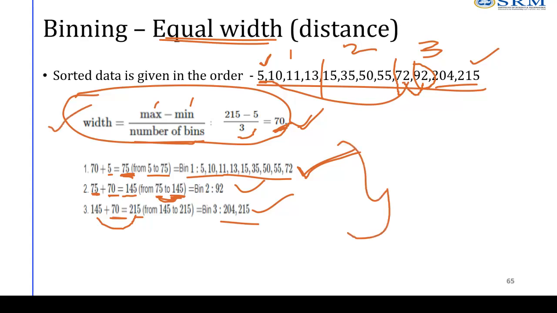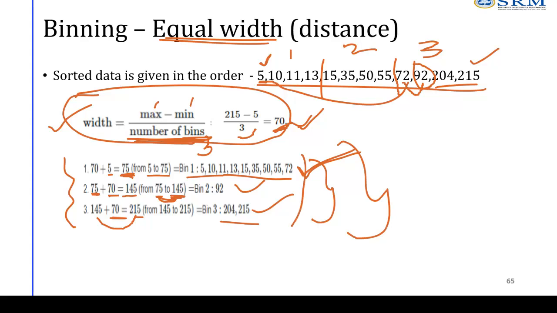We are first calculating the width, and then according to the width we find the bin elements that need to be put inside the 3 bins. We have decided on 3 bins here, so accordingly we find out what elements fit into our 3 bins.